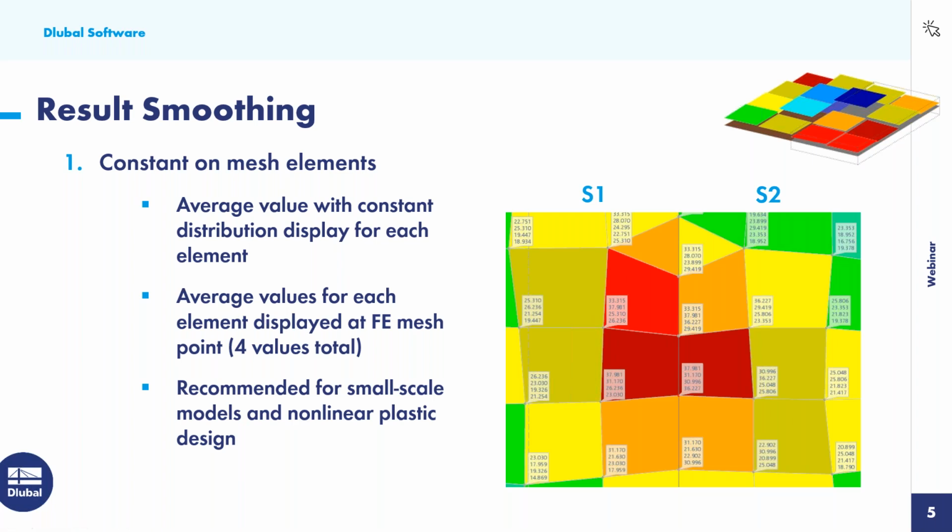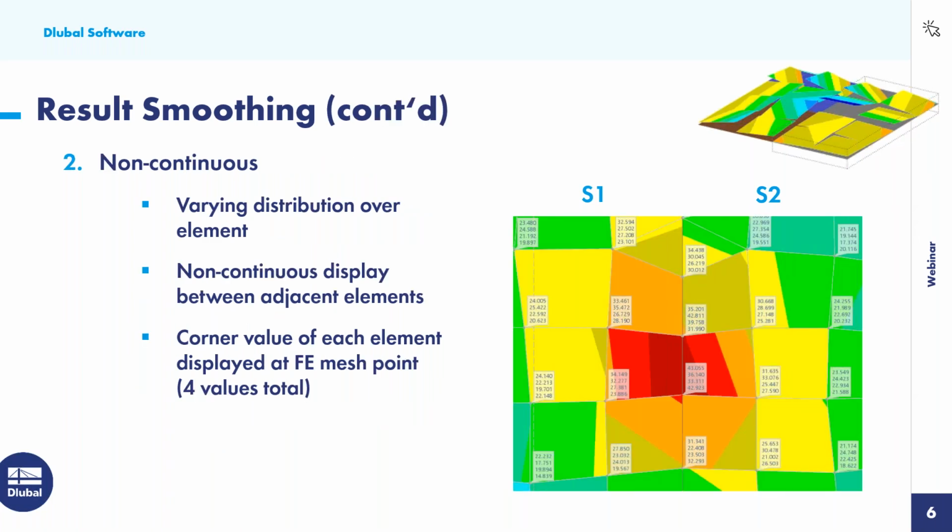So this is 4 values total. So notice we have 4 FE elements at a single point kind of surrounding it. So inevitably, we're going to show a total of 4 points here. Now, this is really recommended for these small scale models, such as maybe what we're looking at today, as well as nonlinear plastic design. And we'll see how when we change to this setting, exactly how our results might look.